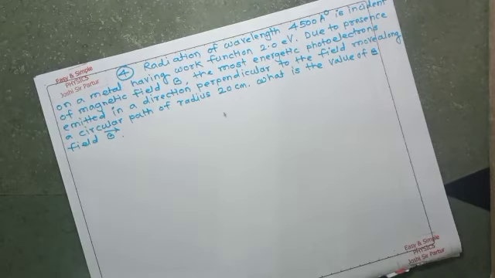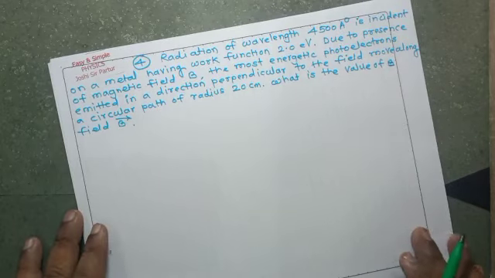So here if we take the fourth numerical, that will be: radiation of wavelength 4500 angstrom unit is incident on a metal having work function 2.0 electron volt.